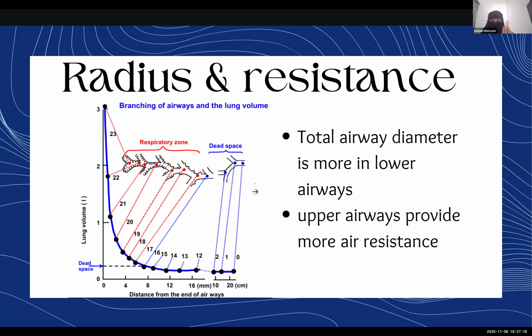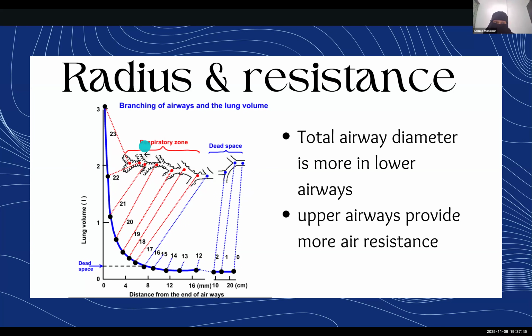Number one, that's volume. Number two, we're going to talk about resistance now. Resistance depends on radius. And we said that the combined radii of all of these tiny bronchioles in the periphery of the lung is more than the radius of the main bronchi itself. So the radius is more in the periphery compared to the center.